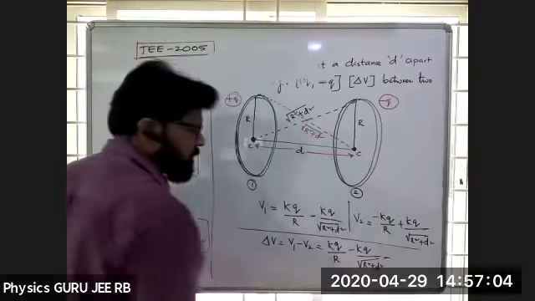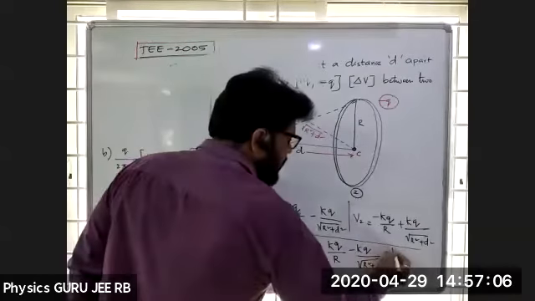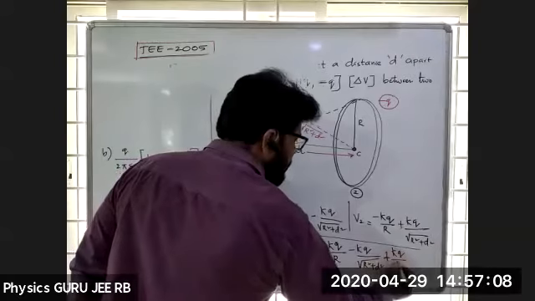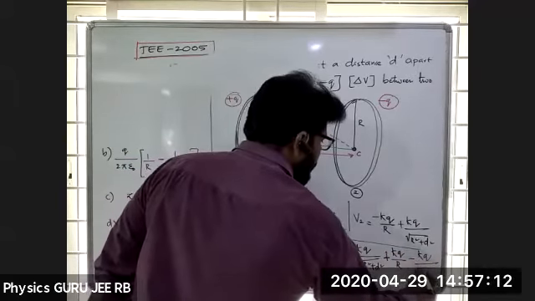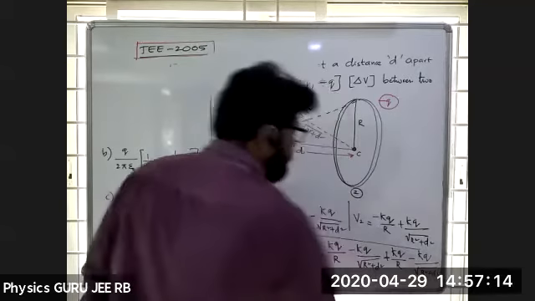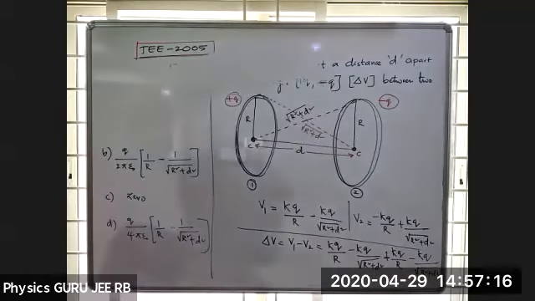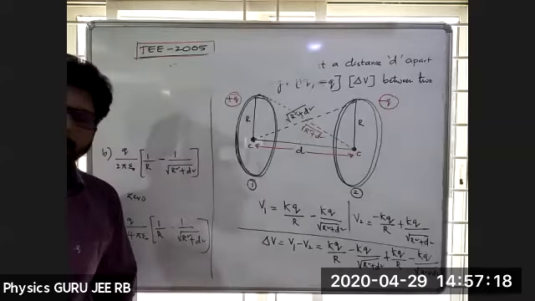Minus of minus will become plus KQ divided by R, minus KQ divided by under root of R square plus D square. Is that clear?